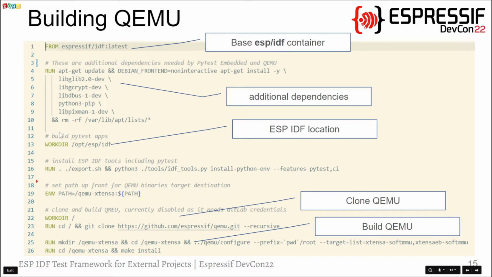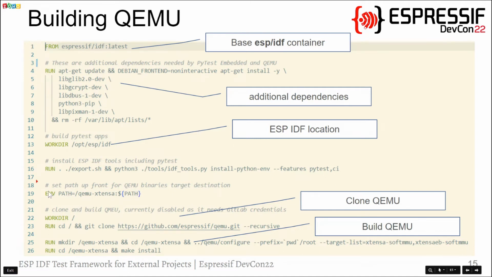So what I do first in this Dockerfile, I install pytest-embedded and CI. This is not directly needed by QEMU, but it's going to be needed when we actually run the tests. So you can see I just use the IDF tools script and install a Python environment with pytest and CI features.